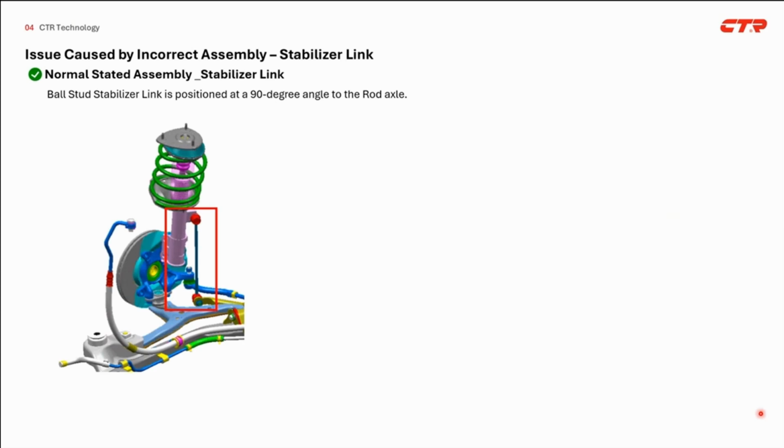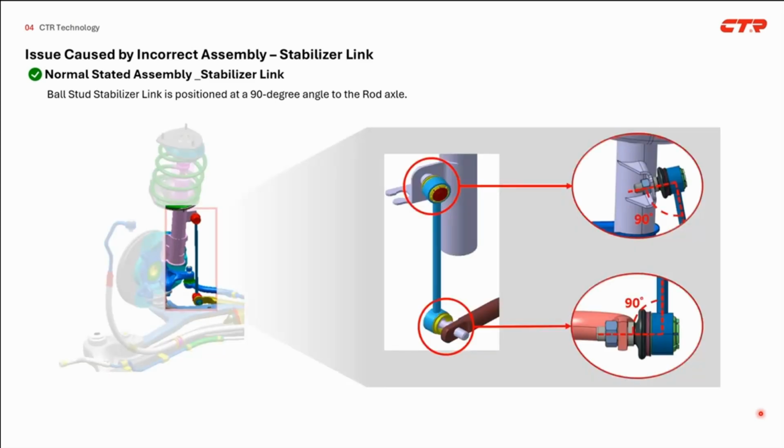Lost contact is an issue caused by incorrect assembly of the stabilizer link. You can see through this slide the proper assembly of the stabilizer link. If you assemble the stabilizer link with related parts like the stabilizer bar, yoke, control arm, etc. well, the bolt is at a 90-degree angle to the load axis.